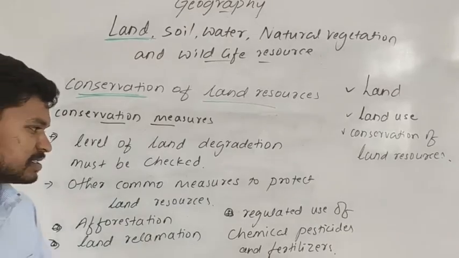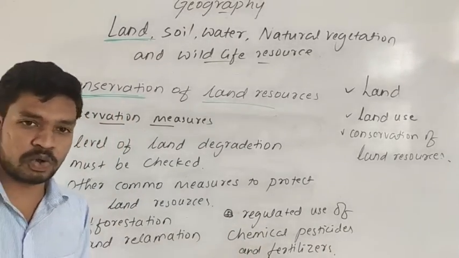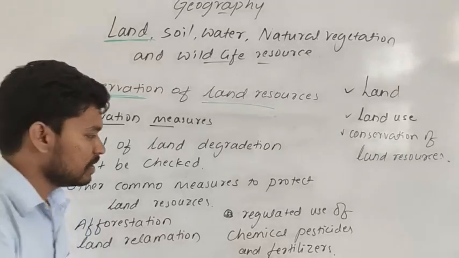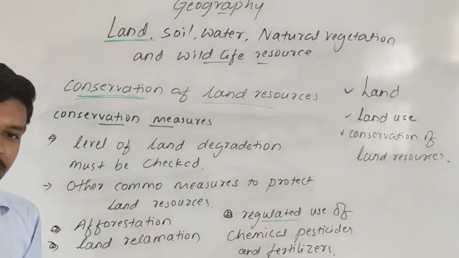It's another measure, a very common measure. We should regulate, regulate means control. We should reduce the use of chemical fertilizers and pesticides in agricultural activity.